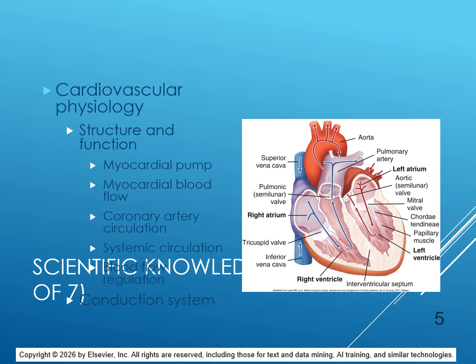And the conduction system, we talked about it already. It's all about the SA node, you all. That's where it starts. The rhythmic relaxation and contraction of the atria and ventricles depend on continuous, organized transmission of electrical impulses. The cardiac conduction system generates and transmits these impulses. All right.